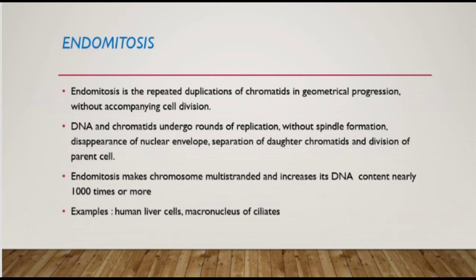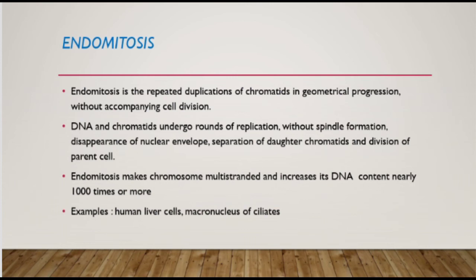DNA and chromatids undergo rounds of replication without spindle formation, disappearance of nuclear envelope, separation of daughter chromatids, and division of the parent cell. Endomitosis makes the chromosome multi-stranded and increases its DNA content nearly 1000 times or more.